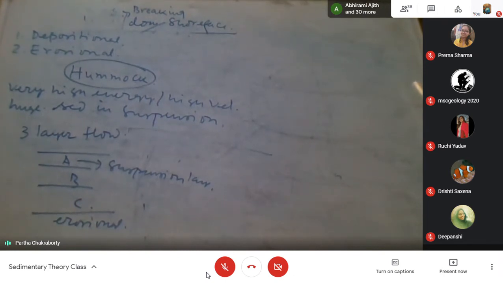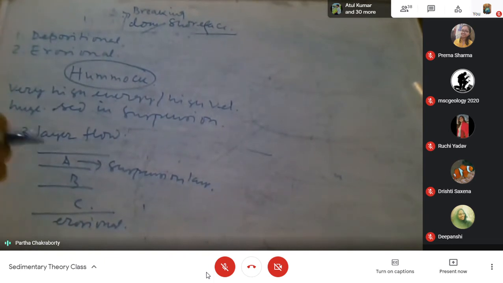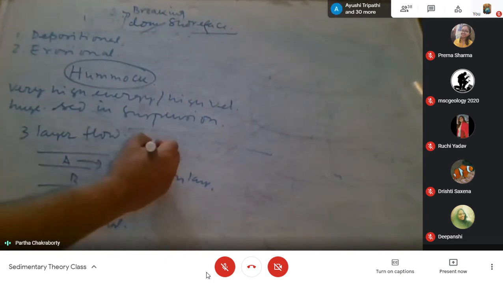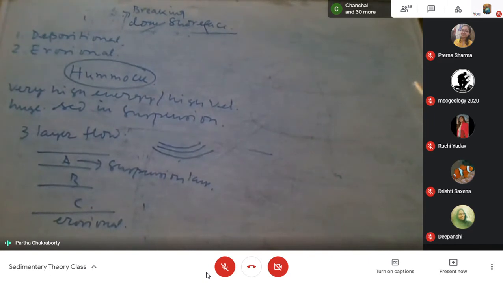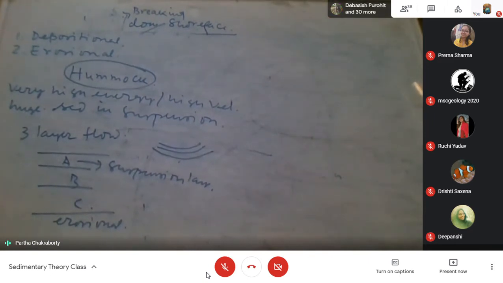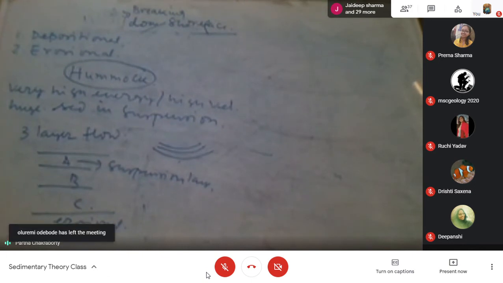What actually happens is that when a storm interacts with the sediment surface, it may erode. But in the process of erosion, the storm flow loses its energy because it spends energy to erode. As it loses energy, immediately the huge sediment in suspension starts settling.